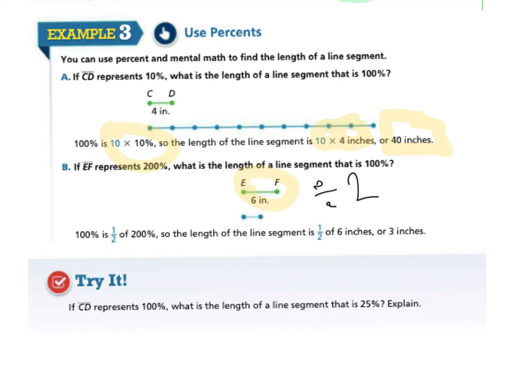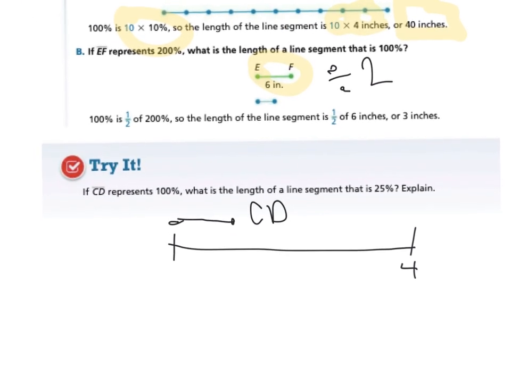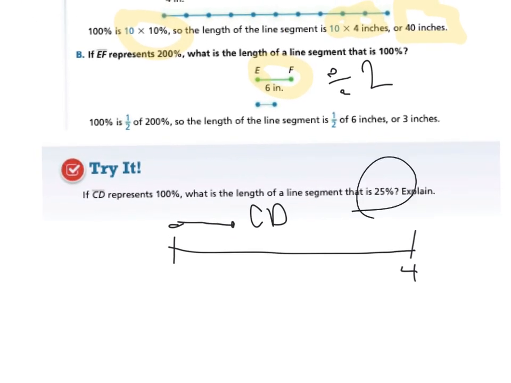So last, if line CD represents 100%, what is the length of the line segment that is 25%? So now they're saying, okay, line CD is 100%. And we know that it's 4 inches long. How would we figure out 25%?